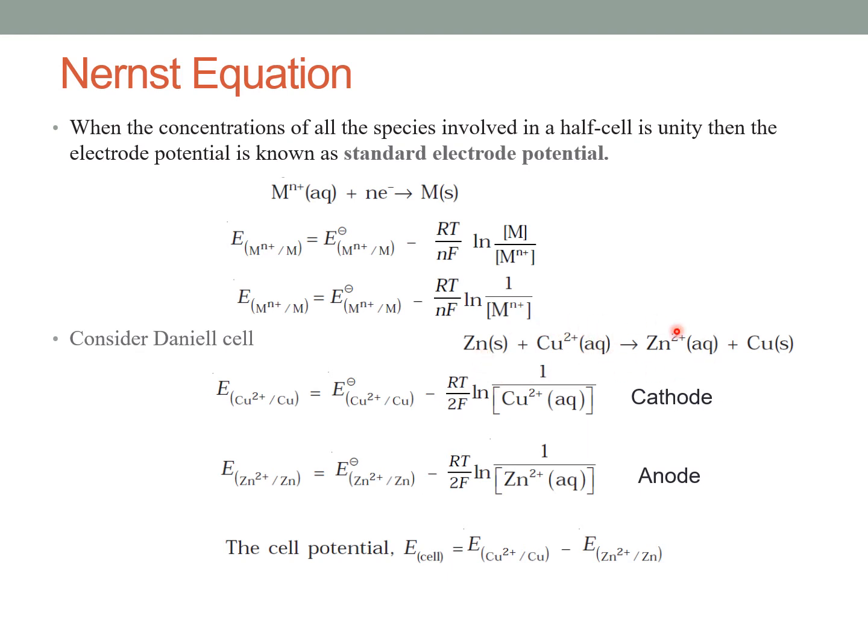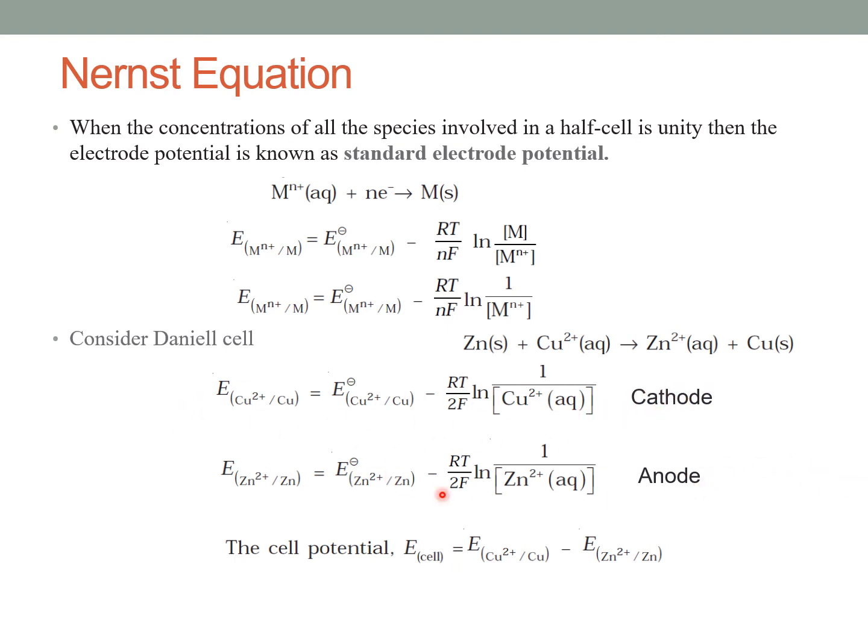Zinc gives up 2 electrons to become zinc 2 plus, and copper 2 plus takes 2 electrons and becomes copper, so the number of electrons involved in each half cell is 2. We need to consider a balanced reaction if different numbers of electrons are involved in each half cell. So 2 is taken here, then F times the natural logarithm of 1 by the copper 2 plus ion concentration, because it is aqueous copper 2 plus. This is the cathodic Nernst equation.